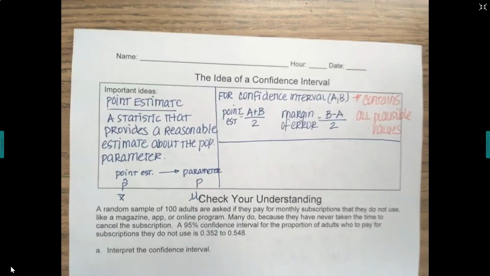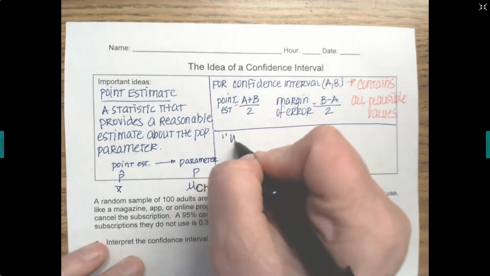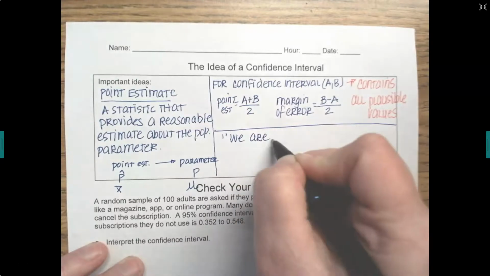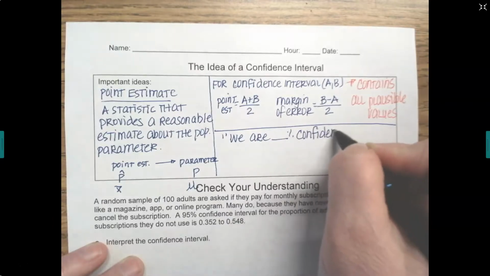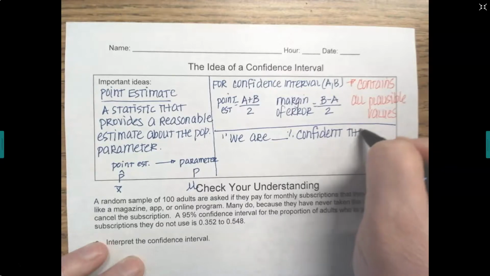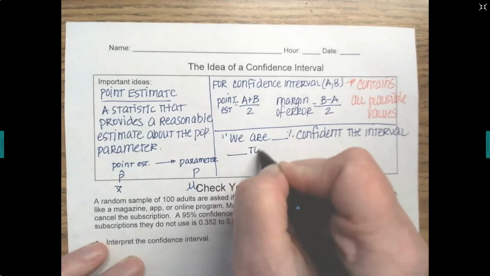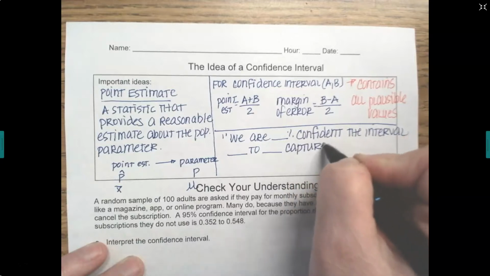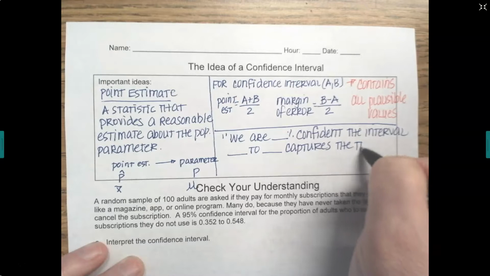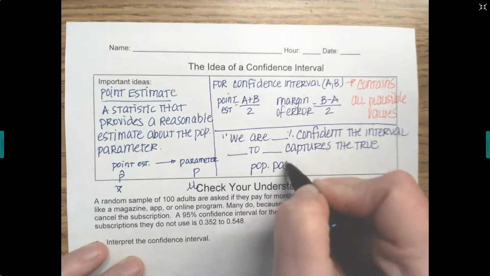And then the last piece is your interpretation. We're going to need to use these when we answer questions about our confidence intervals. You are going to say, we are blank % confident, and then we'll talk about how you get that number, the interval blank to blank captures the true, and then whatever parameter in context.